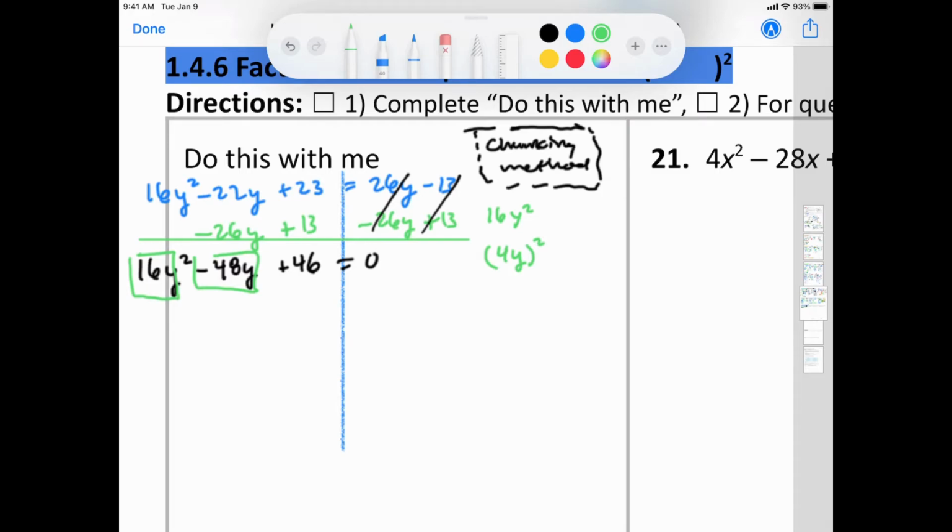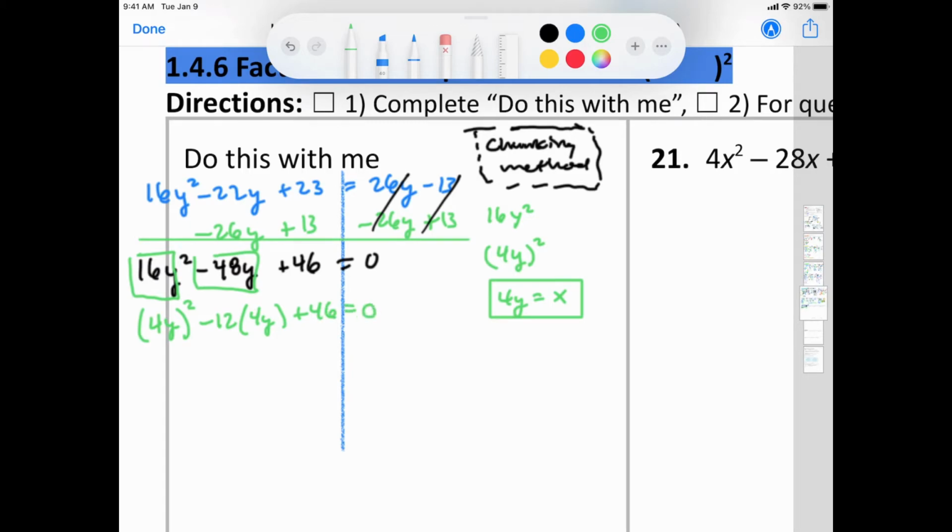And so I'm going to say that 4y is equal to x. Watch how we use this chunking method. So I can have, again, let's do that again, 4y. Now the square's on the outside, okay, and this one is going to be minus 12 times 4y.